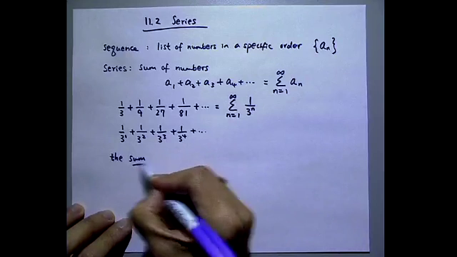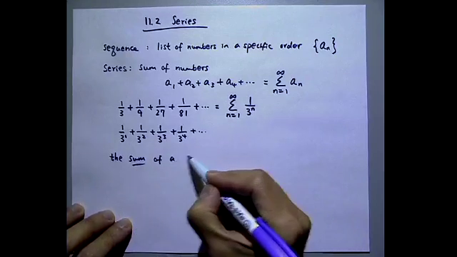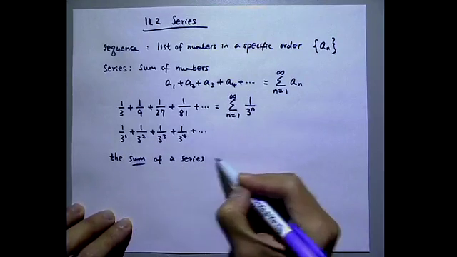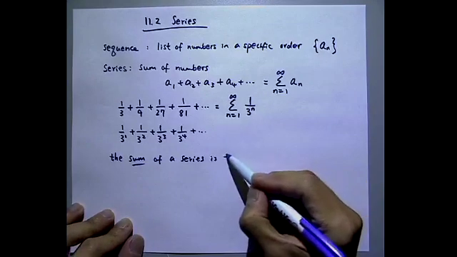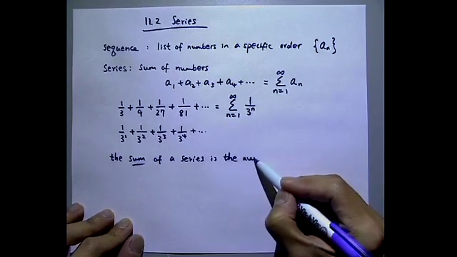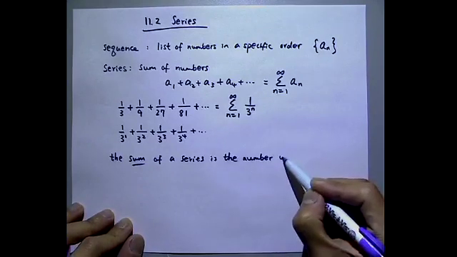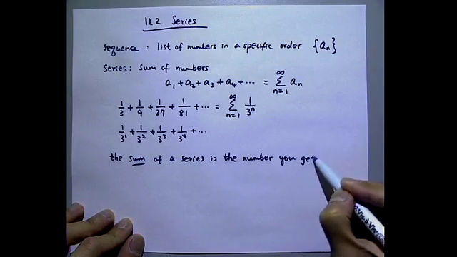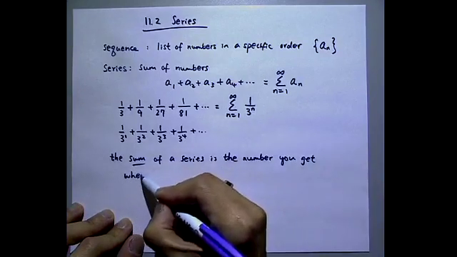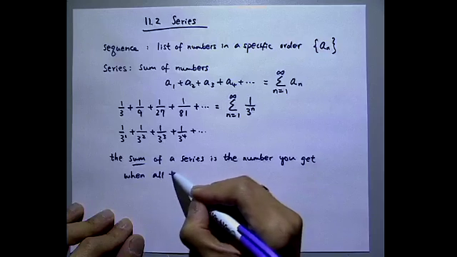The sum of a series is the number you get when all terms are added.